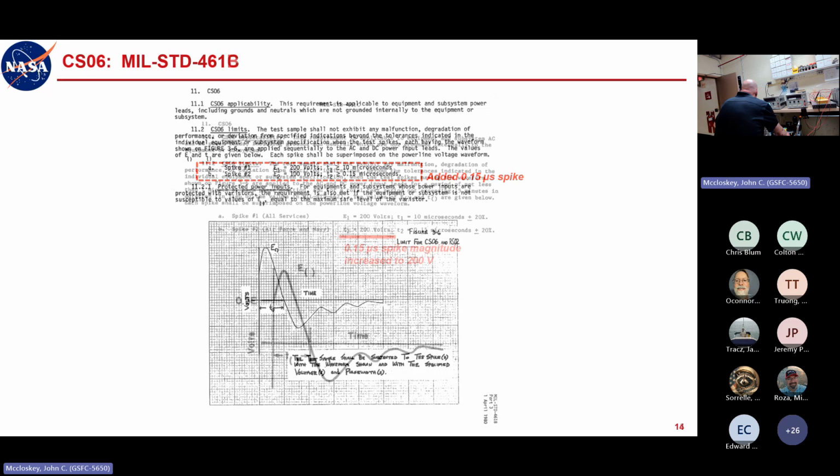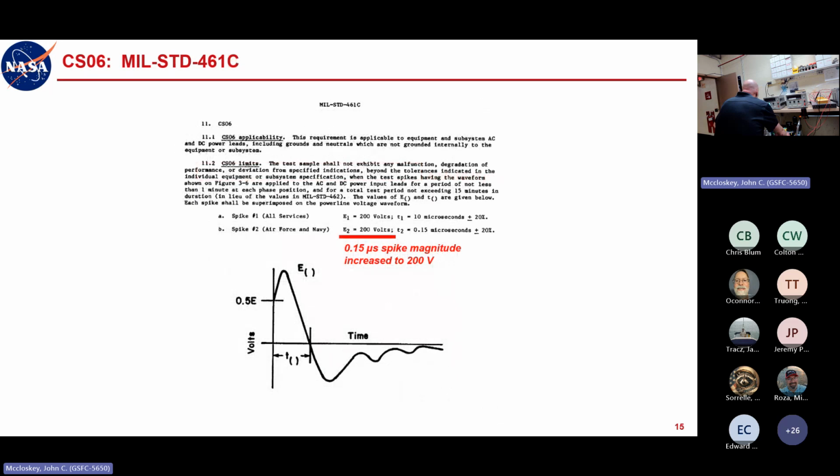Then we go to Mil Standard 461C. They still have both the 10 microsecond and 0.15 microsecond spikes. Now they've increased the magnitude of the 0.15 microsecond spike to 200 volts, the same as the first spike.